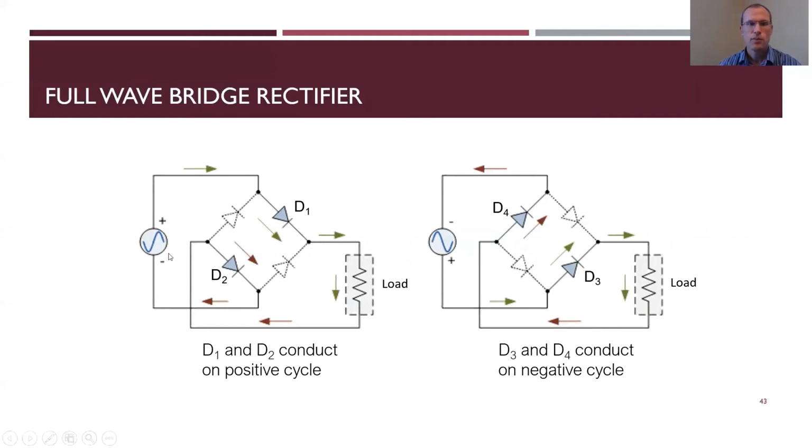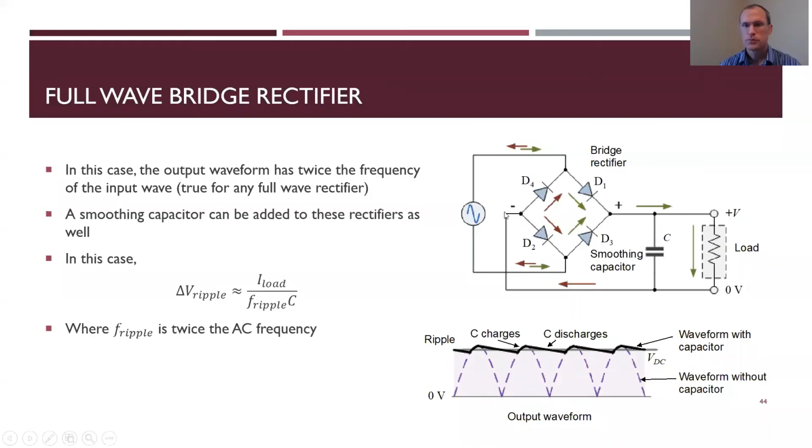Here in the positive cycle, you're going through D1 and D2, and in the negative cycle going through D3 and D4. Here is your waveform again, full wave rectified, so there's no case where we have 0. Then again the capacitor charges up and then discharges, charges up, discharges, charges up, discharges.